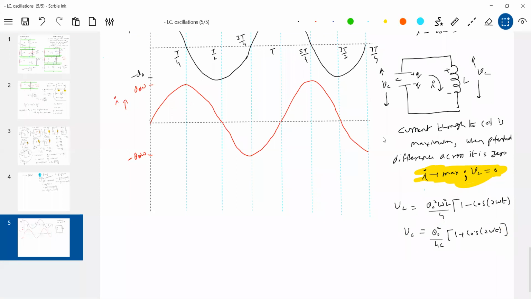This is the energy across the inductor. So we'll plot this graph. Negative values should not come, no? Sine square omega t, cos square omega t, negative values will not be there.